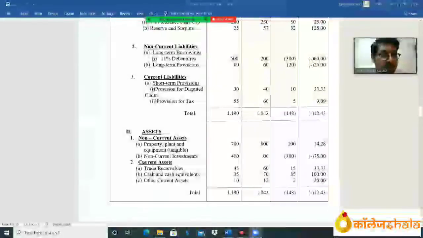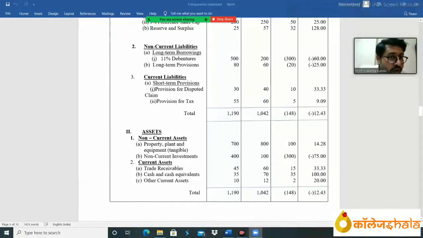So here put the total, then also find out the absolute change, and here if you deduct 1190 from 1042, the figure comes in negative, and that's why the percentage change will also be negative.